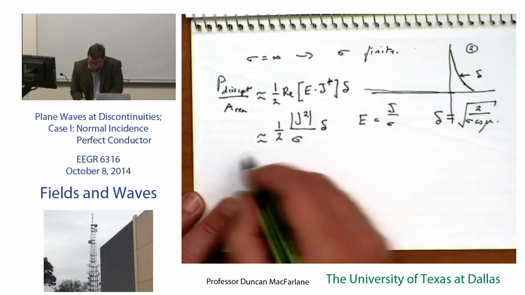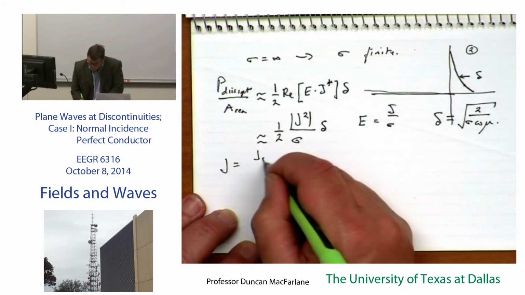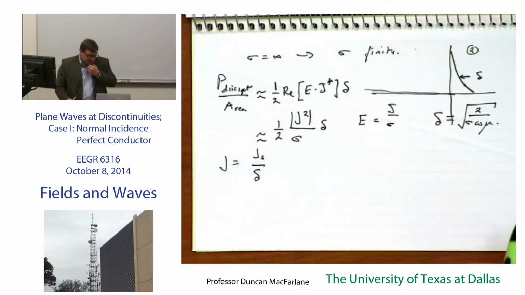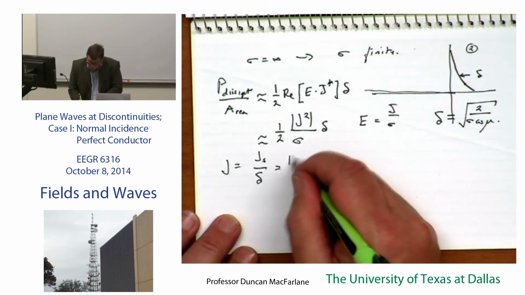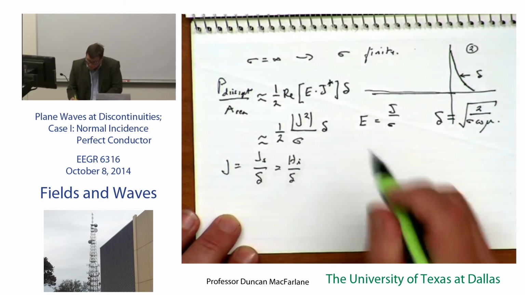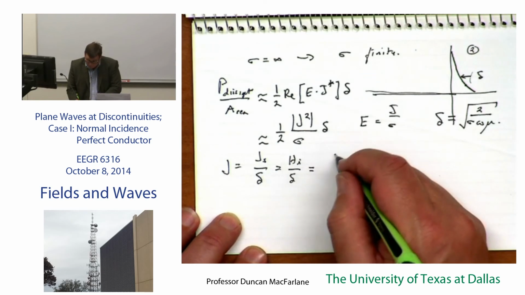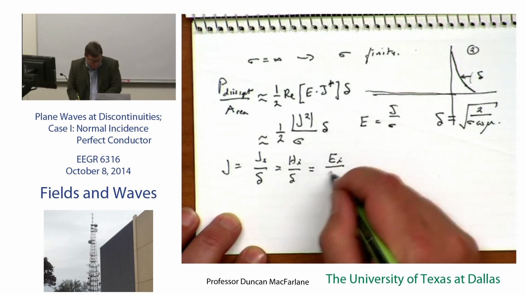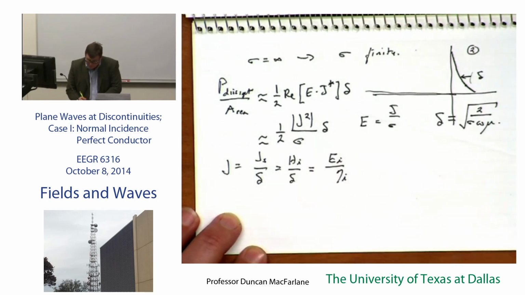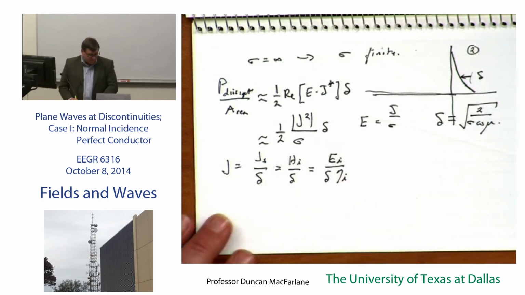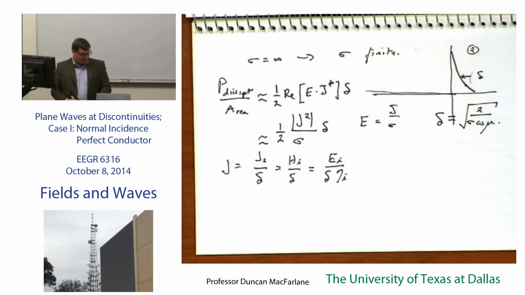J is Js over delta, which is equal to the incident electric field over delta, the skin depth. And that's equal to E incident over eta times delta, the skin depth.